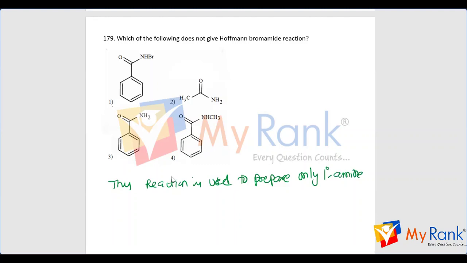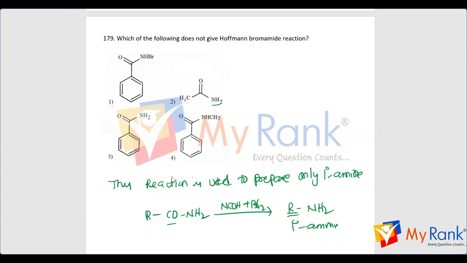So here in this reaction, for example, RCONH2 is there. When it reacts with NaOH plus Br2, in the Hofmann bromamide reaction, CO is eliminated and the product is RNH2. This primary amine is formed, and R can be an alkyl or aryl group. So here NH2 will be attached to this one, here also NH2 attached to this one.